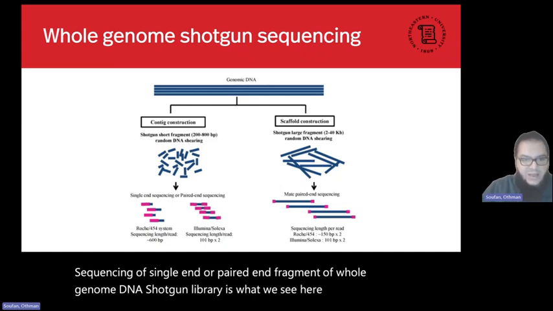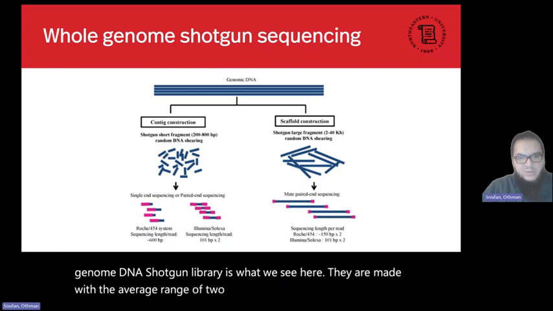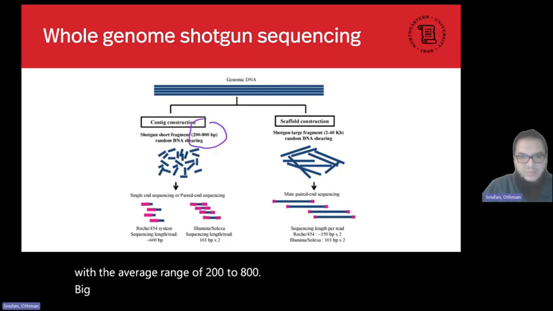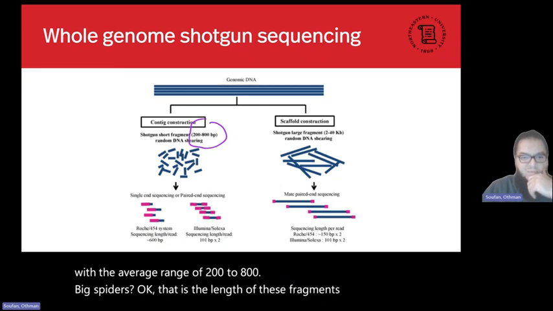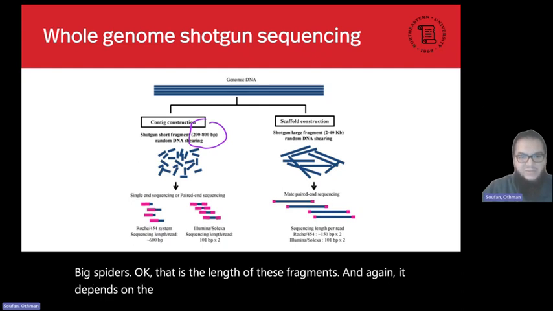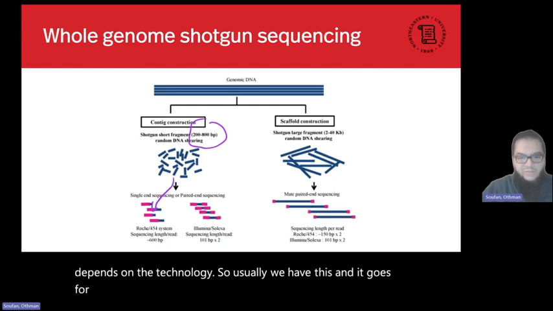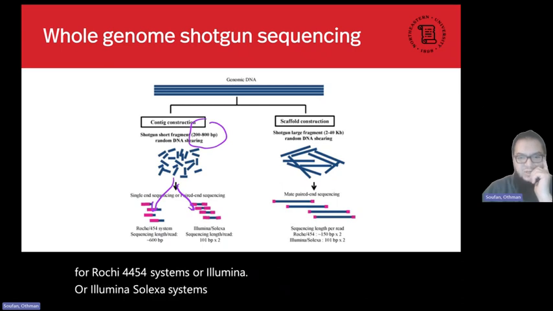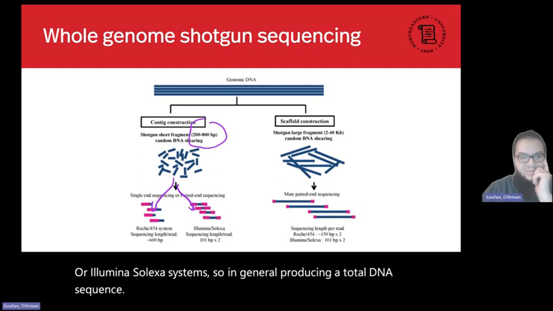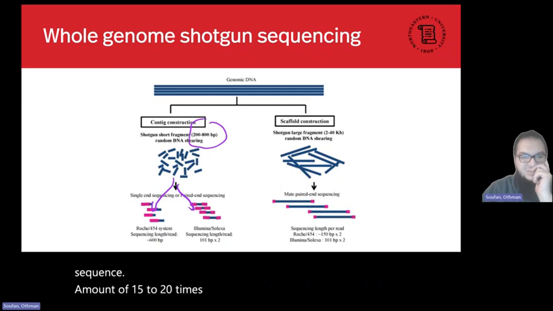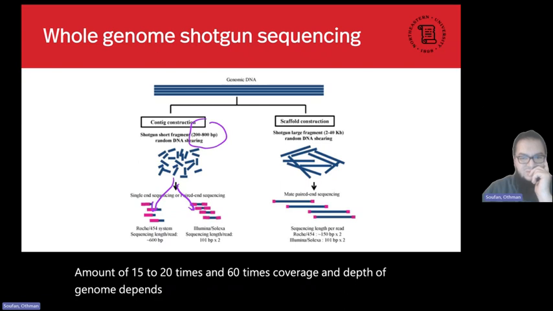They are made with an average range of 200 to 800 base pairs. That is the length of these fragments, and again, it depends on the technology. Usually this goes for Roche 454 systems or Illumina Solexa systems, producing a total DNA sequence amount of 15 to 20 times and up to 60 times coverage and depth of the genome, depending on the system.